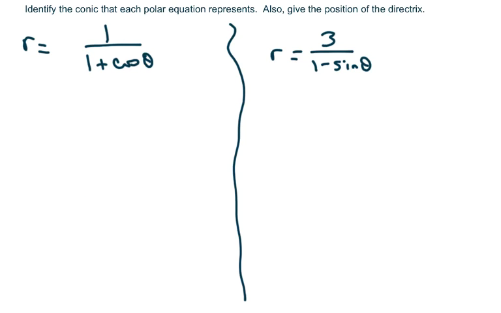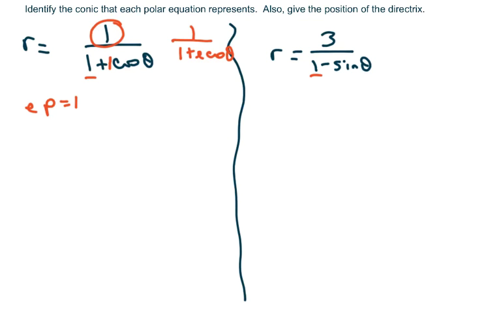We have r equals 1 over 1 plus cosine of theta. Now, just keep in mind, these have to be 1 to fit in our equation. So we know that ep equals 1 here, because that's your ep. Remember this follows the form 1 over 1 plus e cosine of theta.